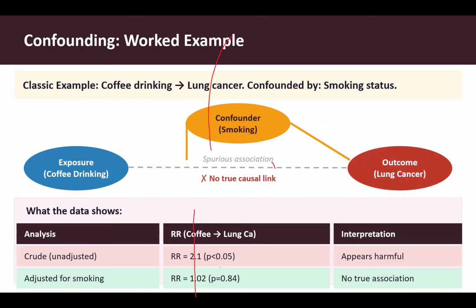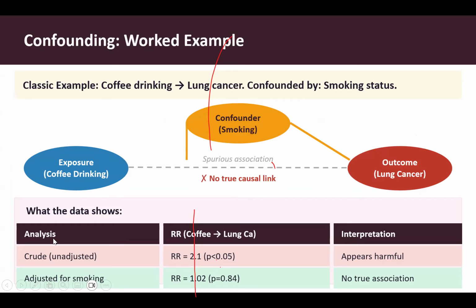So this is explained again because this is a very, very famous example of an actual real life study. The classic example was that coffee drinking leads to lung cancer, but it was not actually the true causal link. Coffee drinking was more present in those who were smoking, and it was actually smoking which was leading to the lung cancer.